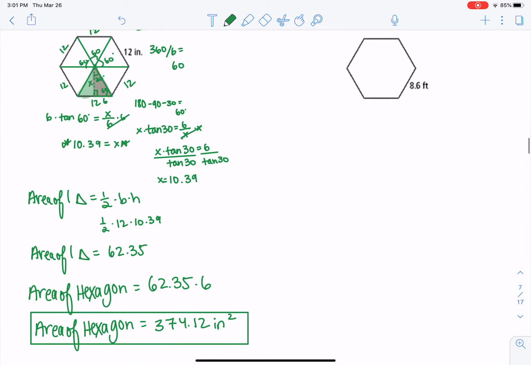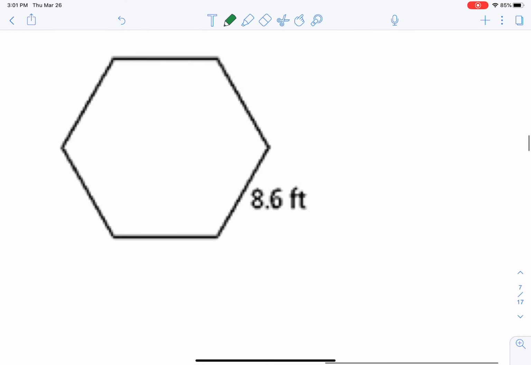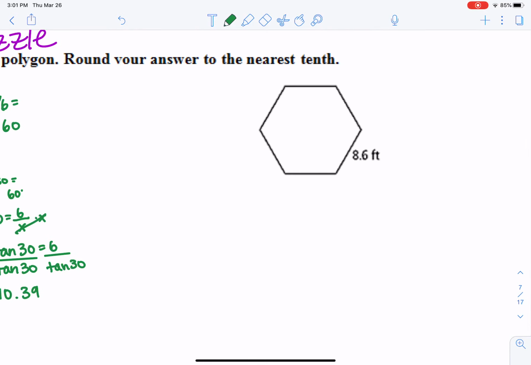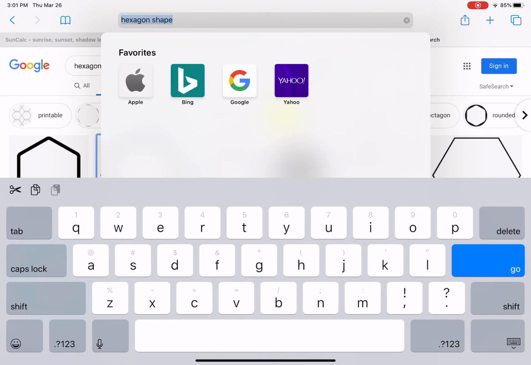Let's do one more. This time, I'm going to actually change this problem. I don't want to do that one. Let's do, what shape should we do? Let's do an octagon.